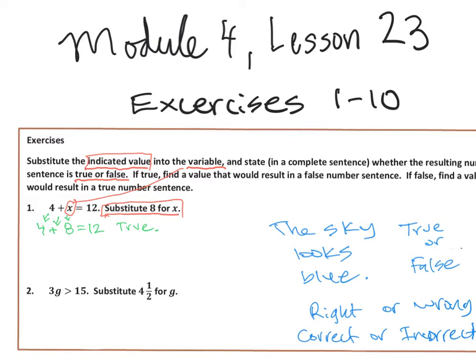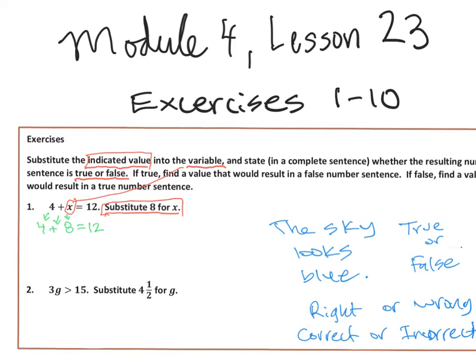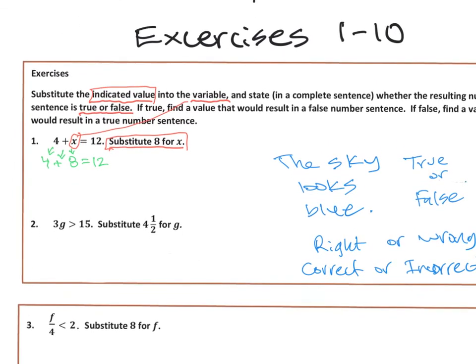We know that if we add 4 plus 8, we are going to get 12 because 8 plus 2 is 10, and then 10 plus 2 is 12. So true, the statement is true, and they want you to actually go beyond just what I did right here. They want you to do more than just say true. They actually want you to write a full and complete sentence. So they want you to do it just like this.